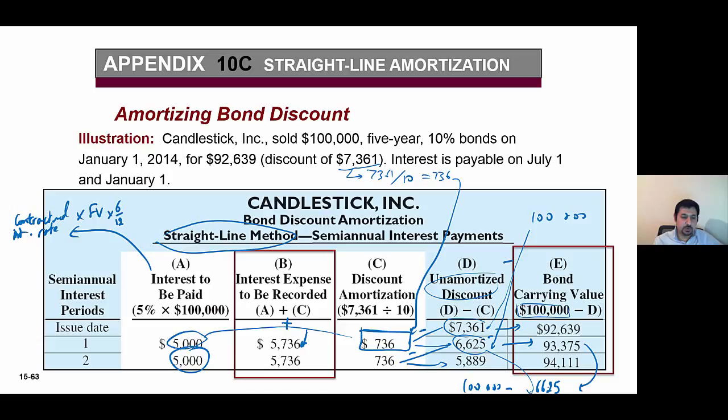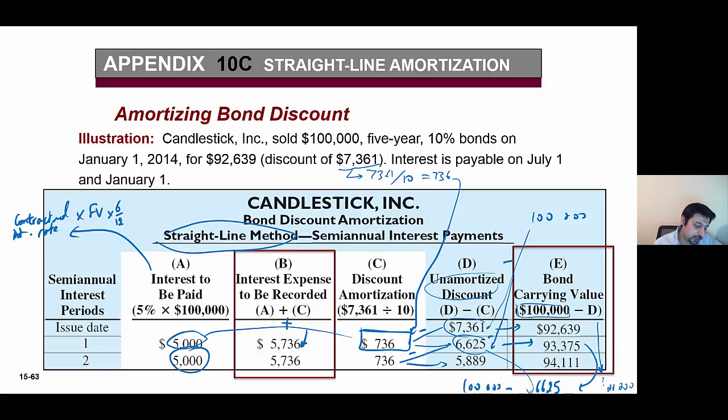As you can see here, we notice that the carrying value of the bond will increase until it eventually gets to 100,000. This is when the discount has been fully amortized. At that point, the carrying value will be equal to the face value at the end of the 5 years.